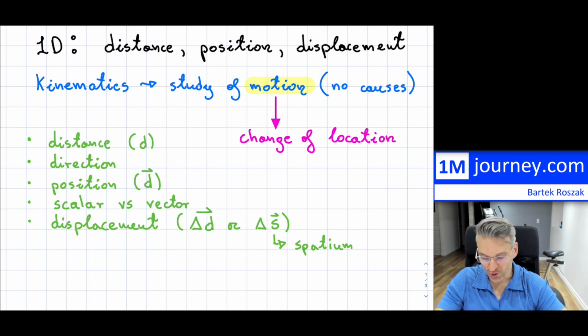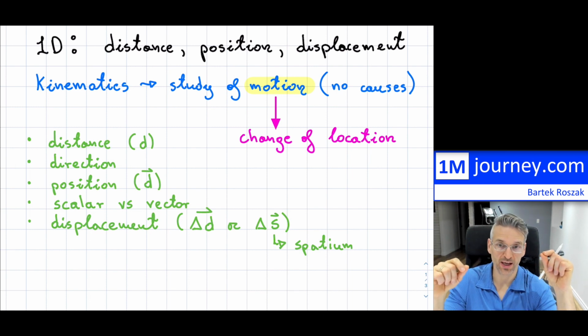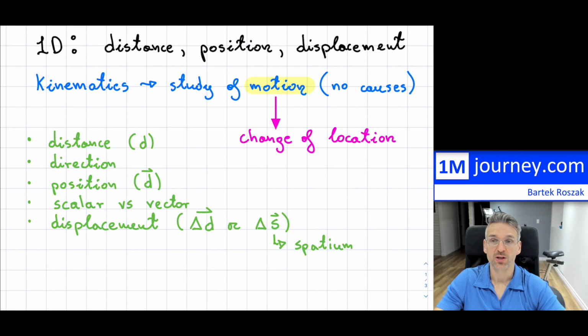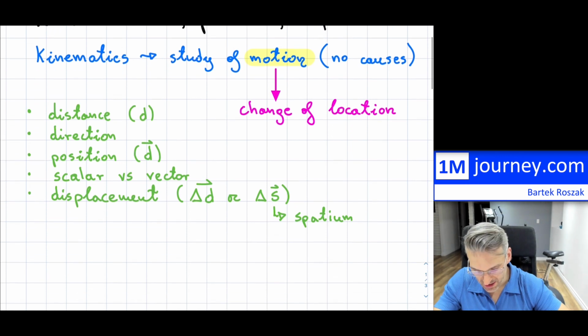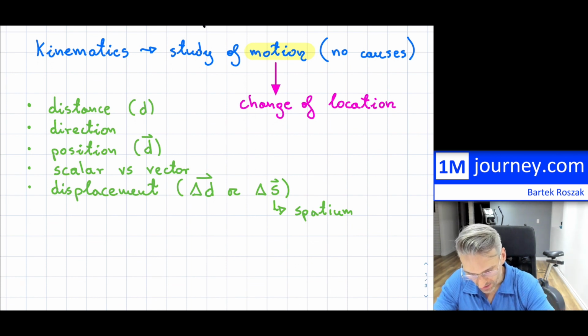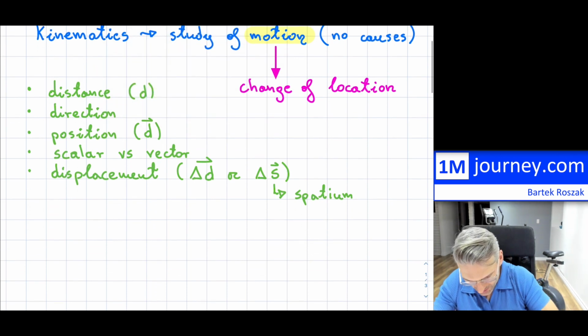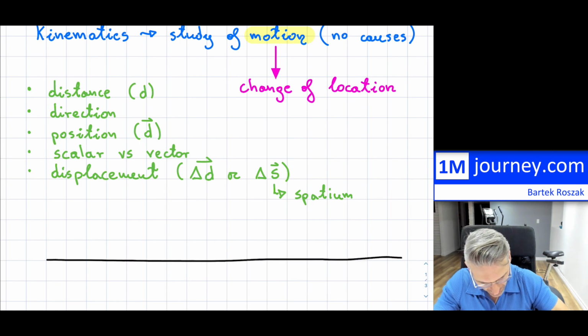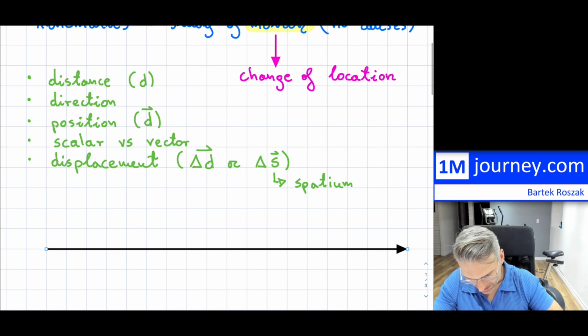All right, so distance as a definition just means that you're trying to measure the length of a path that you are starting from one point and then ending at another point. So you'd want to be able to know how long that particular path is. A very easy way, because we're just in one dimension, is to view this as a one-dimensional grid as I have right here, and let's say that you are starting at this particular point.